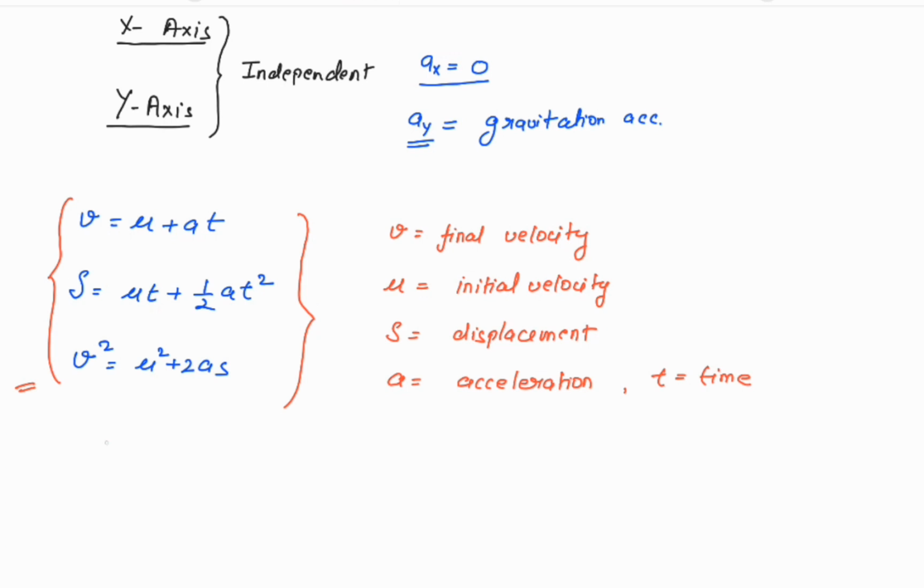Okay, let's see how to modify these equations for the x-axis. We know the x-axis is horizontal motion. Now let's see how to write these equations for the horizontal motion.